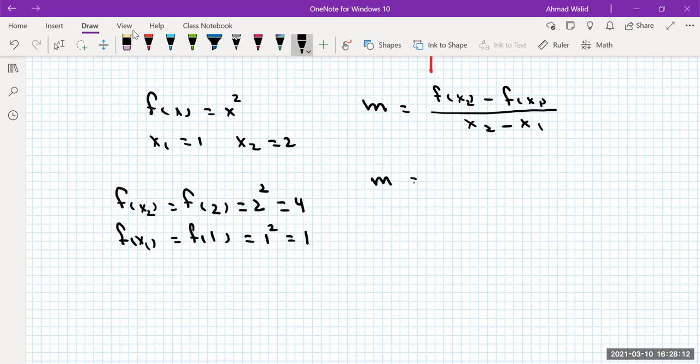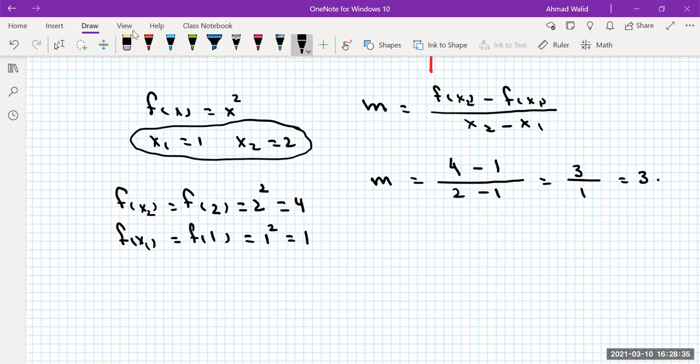Then m equals 4 minus 1 over 2 minus 1, which gives you 3 over 1, which means what? 3. Right? This is the average rate of change of the function, where x1 is 1 and x2 is 2.